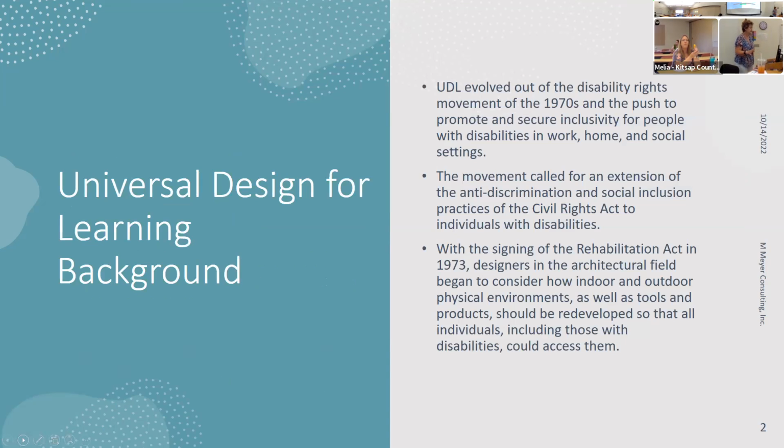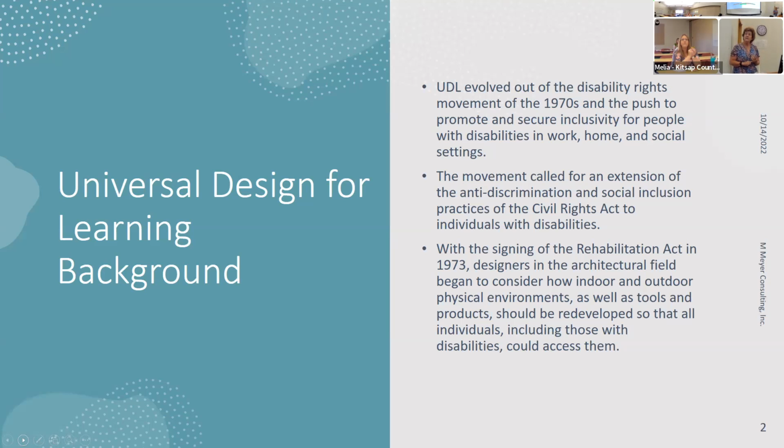So universal design for learning, the background is it basically started with the Americans with Disabilities Act. It evolved out of the disability rights movement in the 70s, which we know that President Lyndon Johnson signed that piece of policy and actions that help prevent discrimination against individuals with disability.